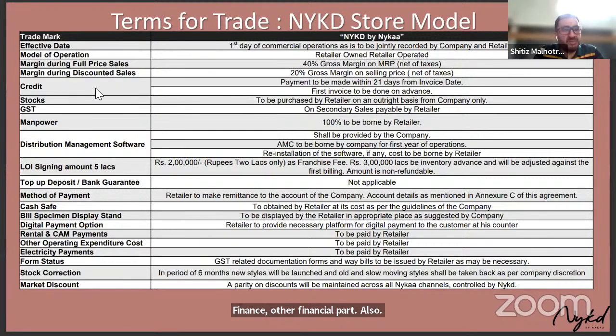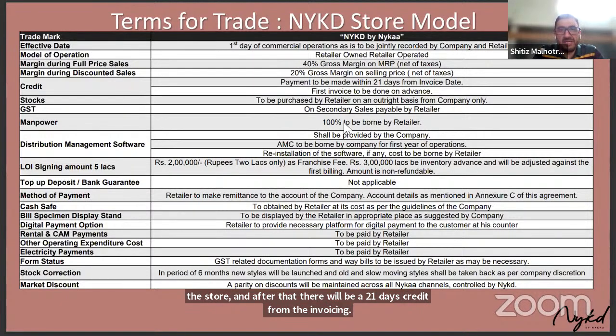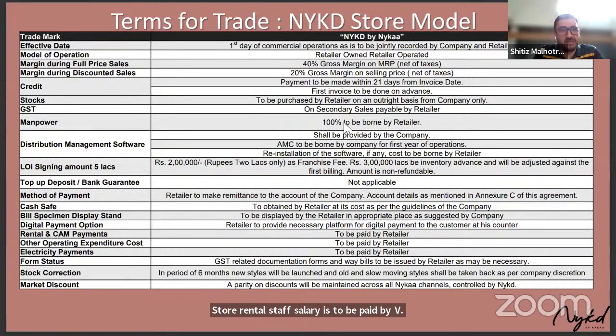First billing will be in advance, whatever the stock will be bought so as to do the display in the store. And after that, there will be a 21 days credit period from the invoice date. So as I said, it is a completely franchisee owned, franchisee operated model. Hence, store rental and staff salary are to be paid by the franchisee partner, by the investor.